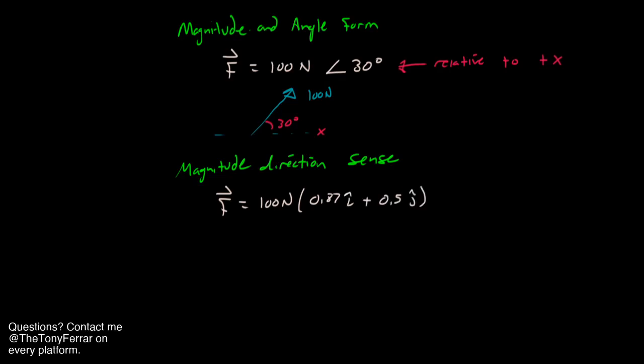So what we have here is the magnitude of our force multiplied by a unit vector that specifies its direction. And this is, again, the same vector we've been talking about. A thing that looks like this is 100 newtons long and has a unit vector u hat F that points in the same direction as it. And the only thing that we need to clarify here is what sense means.